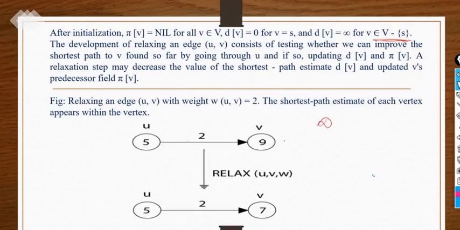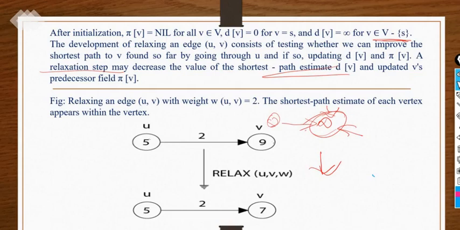If any vertex by default has infinity as its path or edge weight or distance estimation from the source node, we have to focus on whether we can reduce that particular value, whether we can replace this infinity with a smaller value. If it is possible, then we are relaxing that edge. So relaxation means we are decreasing the weight or decreasing the shortest path estimation value. If it is possible, then do the relaxation, otherwise move on.